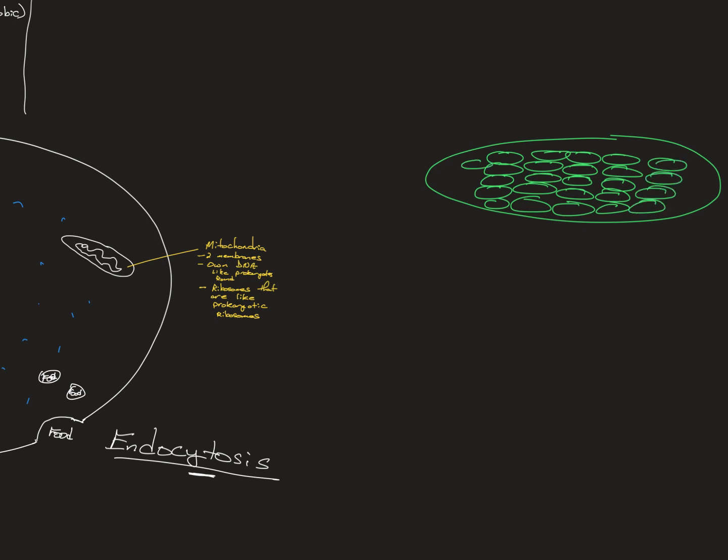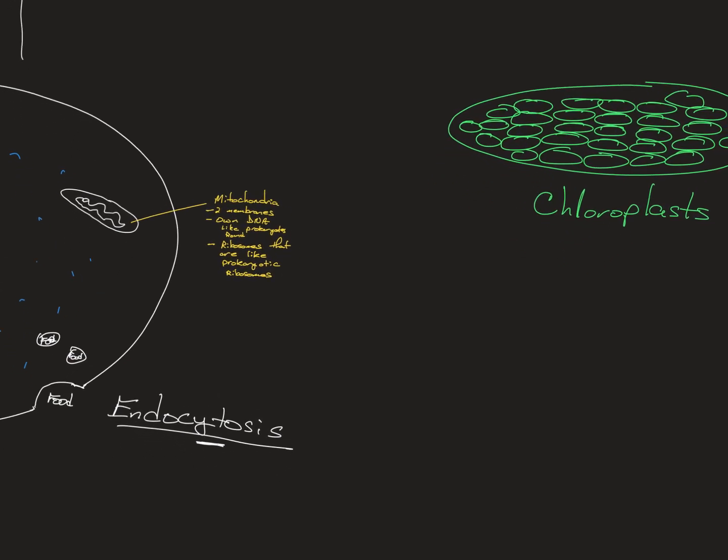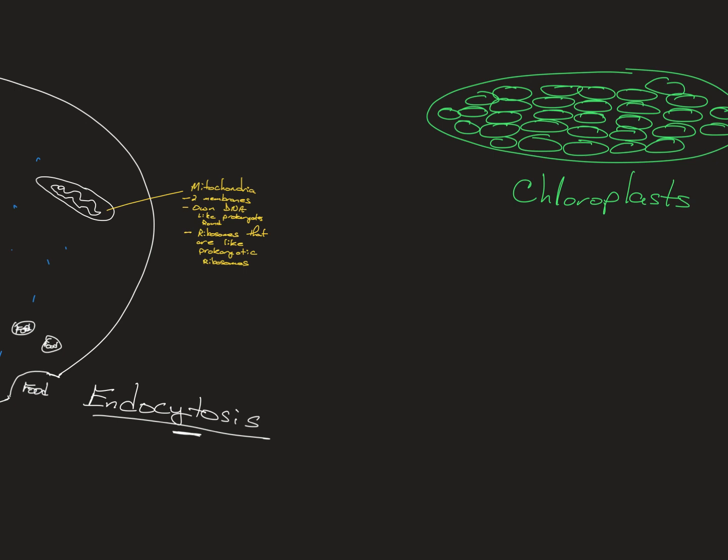Remember, that's one of the characteristics of life, compartmentalization and organization, right? So you have this chloroplast. These are the grana, these are thylakoid membranes, they have the stroma. Mitochondria have similar aspects as well.